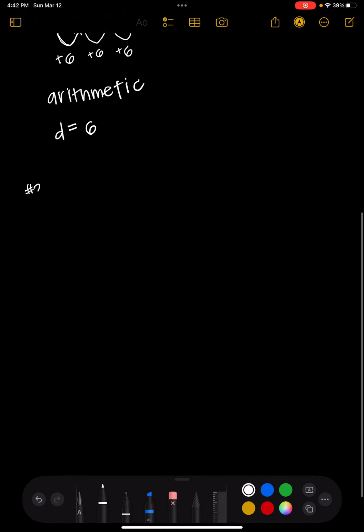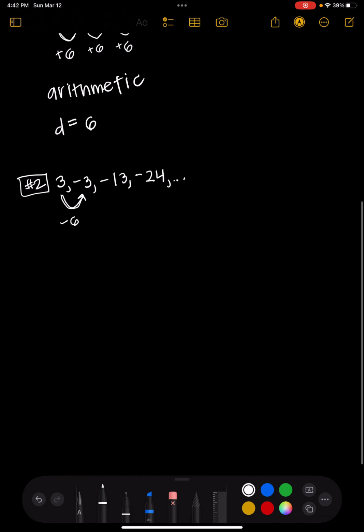So the next example is 3, negative 3, negative 13, negative 24, ... So once again, we're going to see if they're adding the same thing or subtracting the same thing every time. To get from 3 to negative 3, we're going more negative, which means I'm subtracting something. In this case, we're subtracting 6.